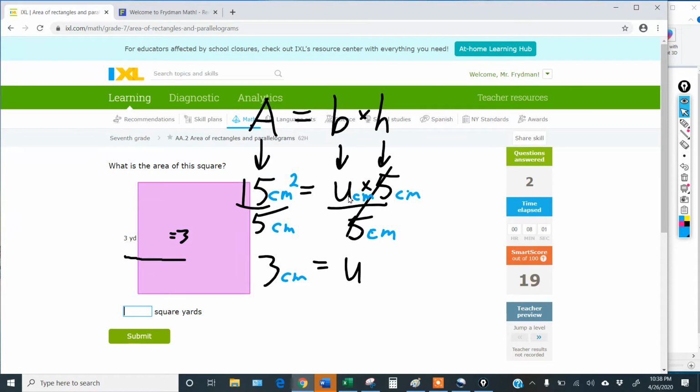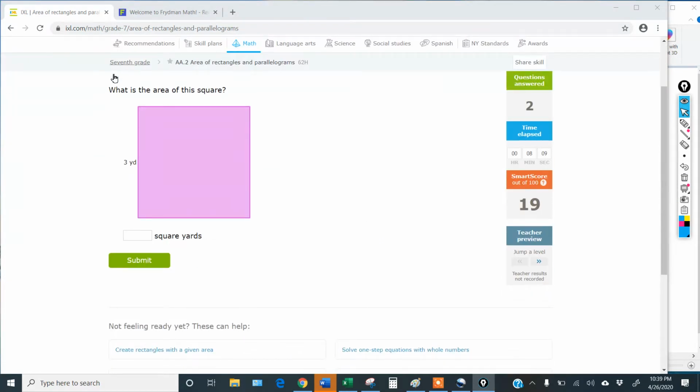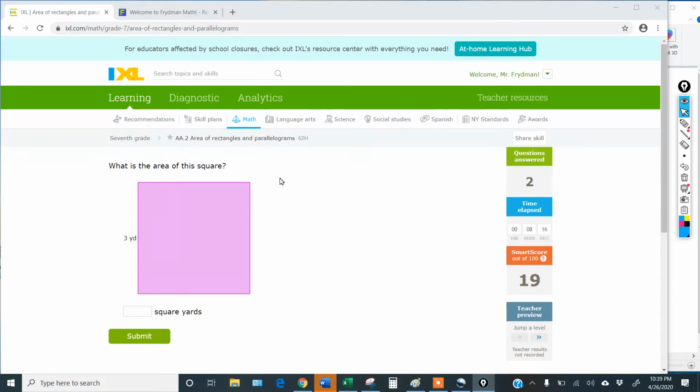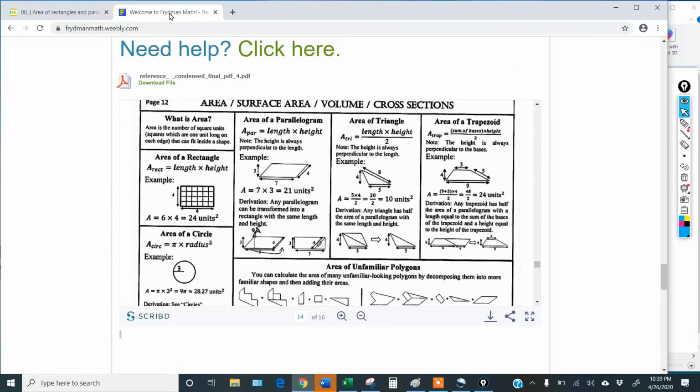I'm not going to write the units in for every single question. I just wanted to do it that one time to show you that the unit analysis does work out correctly. What is the area of this square? Oh my goodness. Well, we didn't talk about the area of squares, right? All we talked about was the area of rectangles and parallelograms.